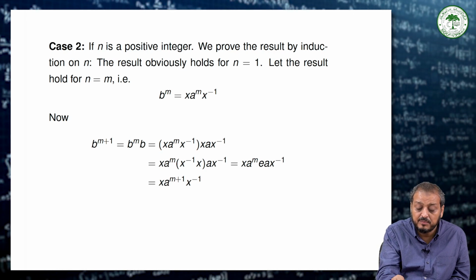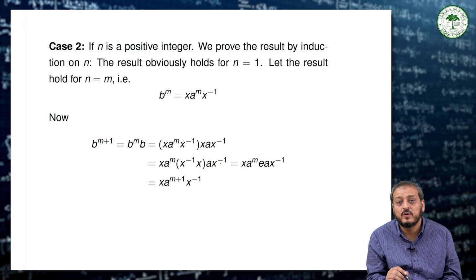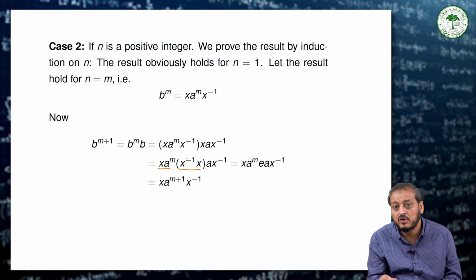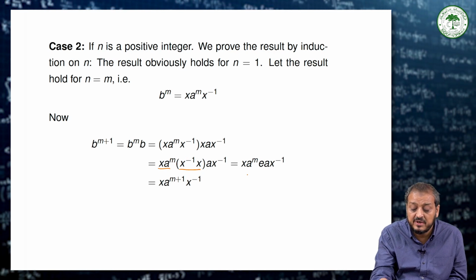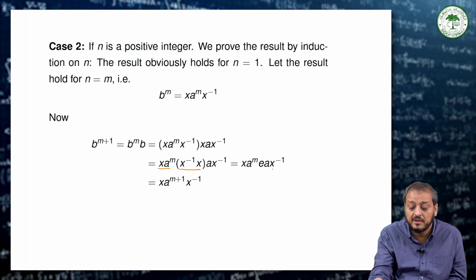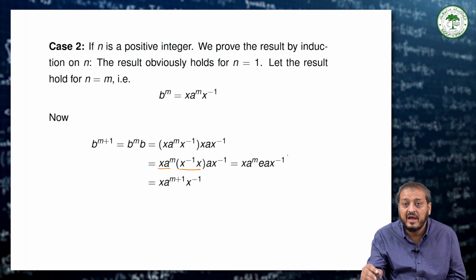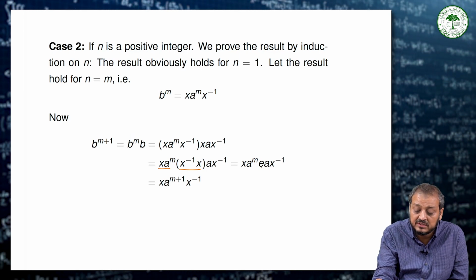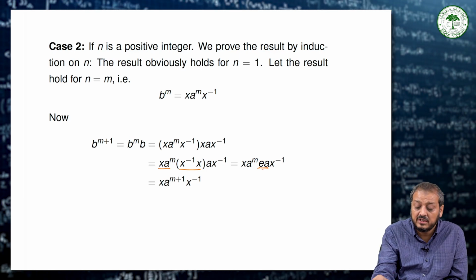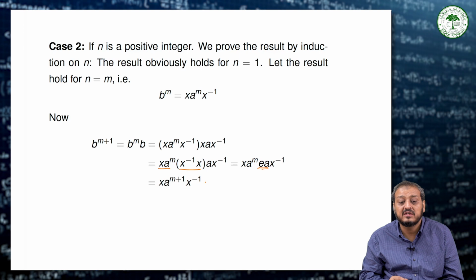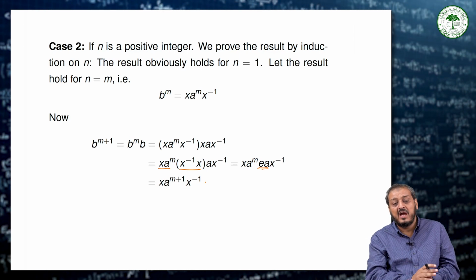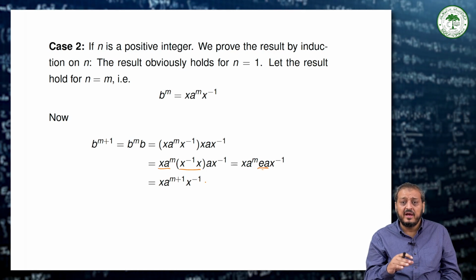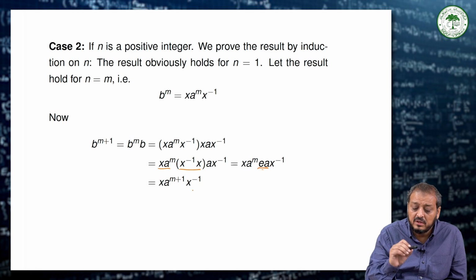So x a to the power m x inverse x a x inverse, and now x inverse x is the identity element, so this is x a to the power m identity a x inverse, which gives x a to the power m plus 1 x inverse. So b to the power m plus 1 can also be written in the form x a to the power m plus 1 x inverse.